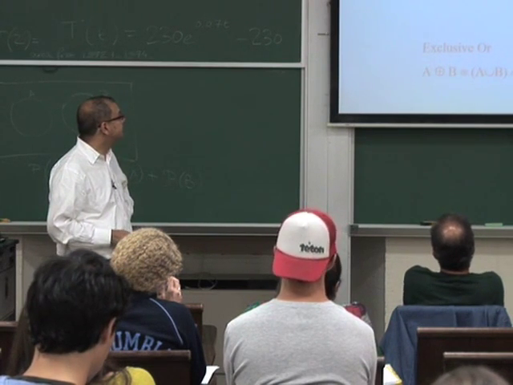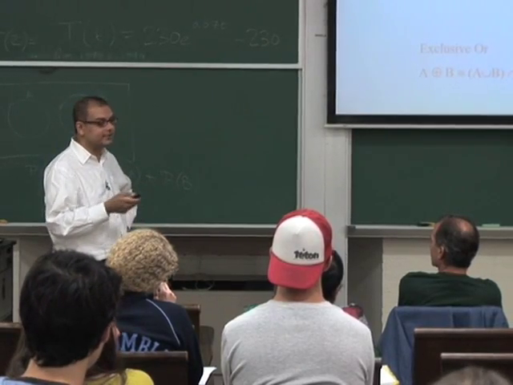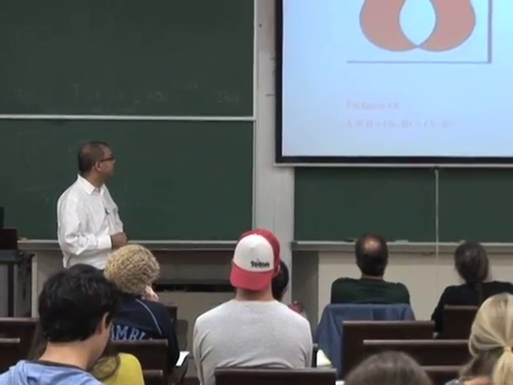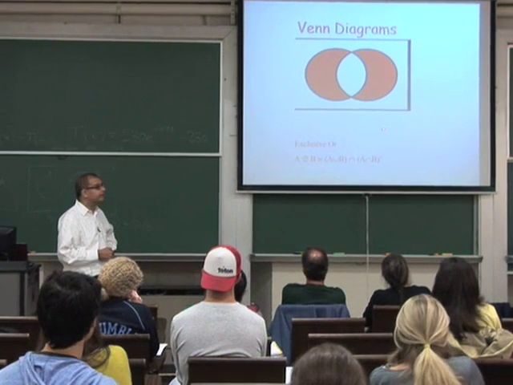Okay. How many people have had to deal with SQL queries? You have, right? So this is a very useful thing to keep in mind. There is the concept of the exclusive OR.